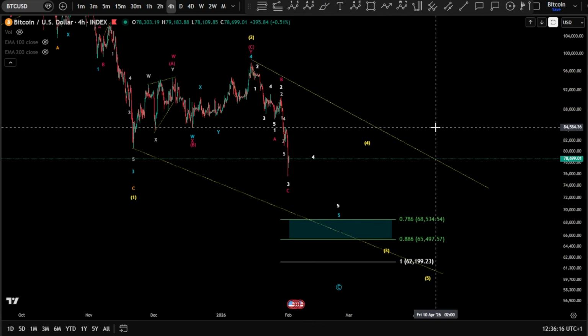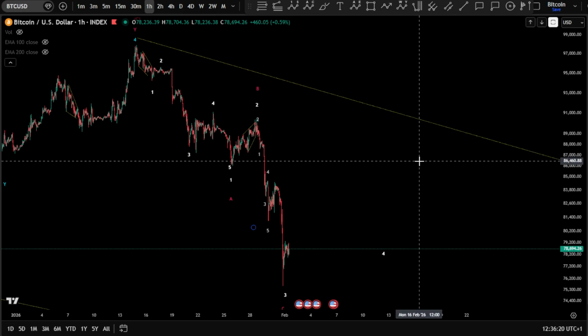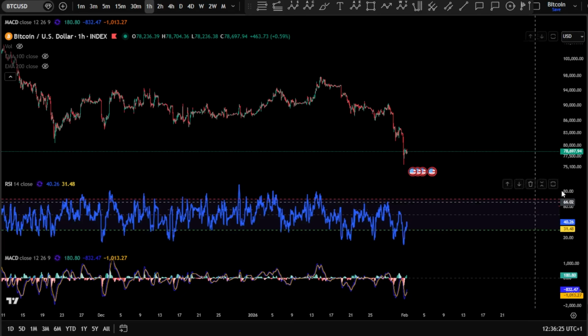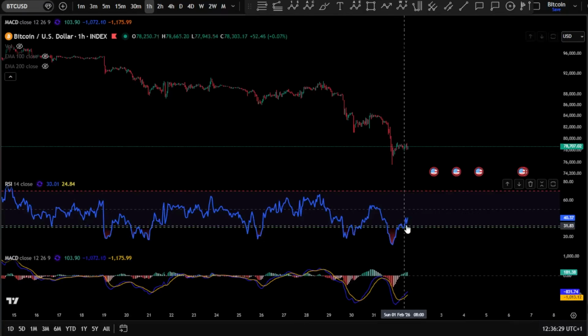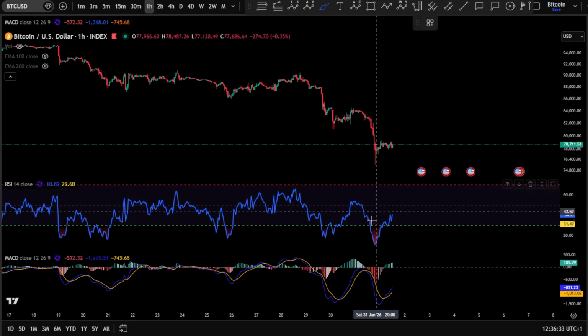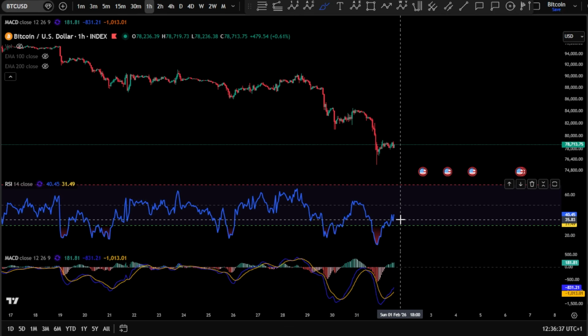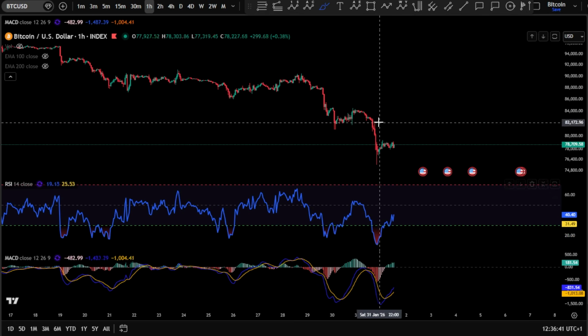So if we take a look also at the RSI and the MACD on the 1-hour chart here, we're gonna see, of course, both indicators together. Basically, for the RSI on the 1-hour chart, well, it's a lot of red there, right? We saw, of course, an oversold area in the 1-hour chart here. On the RSI, we see a little bit of movement toward the upside.